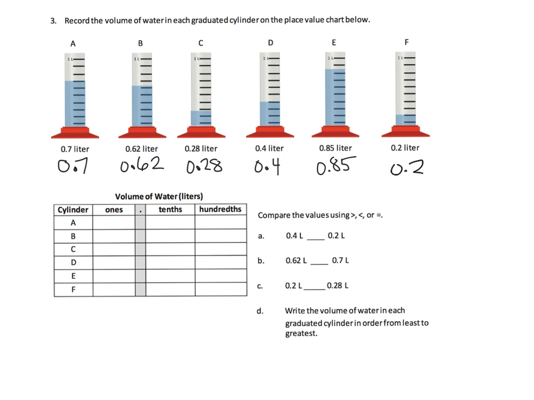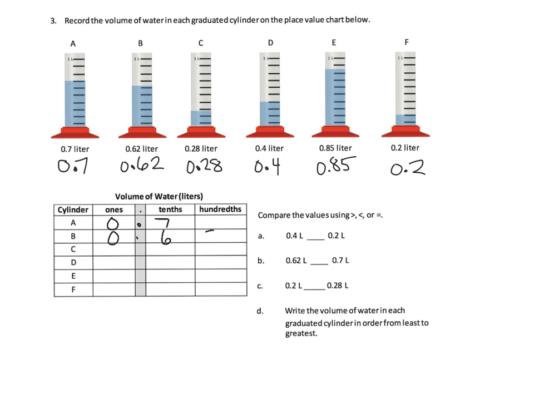The first thing we need to do is record the volumes over here on your table. So what they want us to do is lead us towards that idea of stacking up your decimals, but we want to eventually use a thoughtful mathematical reason based on understanding.